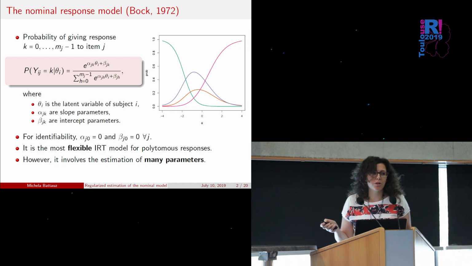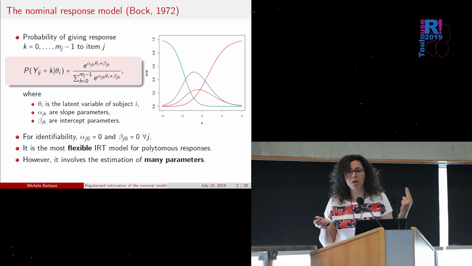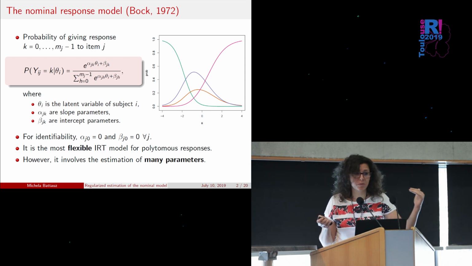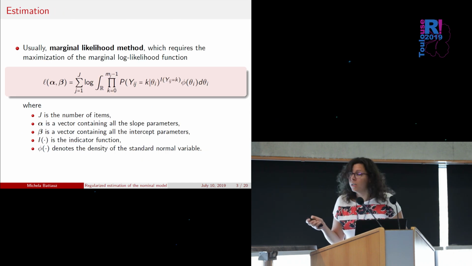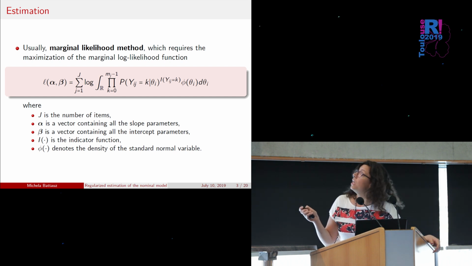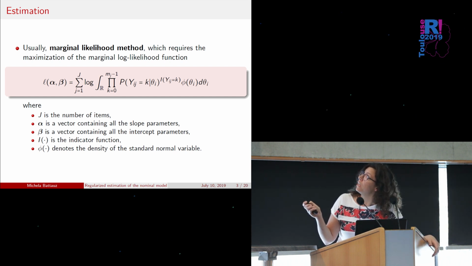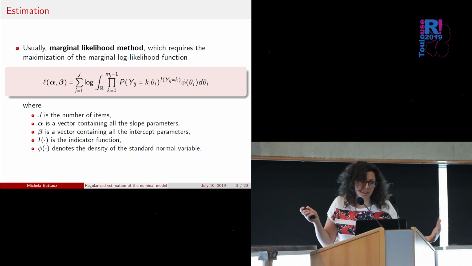However, it involves the estimation of many parameters, because for each item we have a couple of parameters for each response category, with the exception of one. These parameters are usually estimated with the marginal maximum likelihood method, assuming a standard normal distribution for the latent variable and then integrating it out.